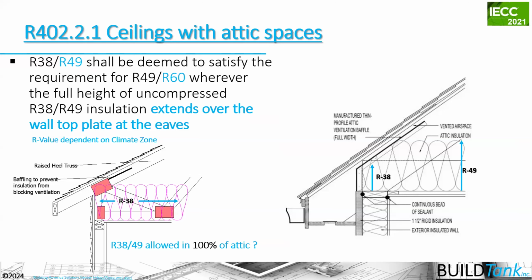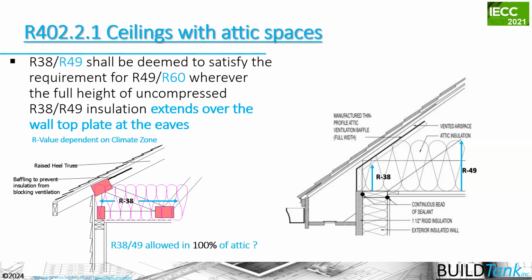Another example of where the installation instruction might show up is in the specific insulation section, the R402 section of the IECC, in this case, ceilings with attic spaces. It's telling us prescriptively that we can reduce the R-value of our attic insulation as long as it extends over the wall top plate at the eave. So the requirement for the installation, regardless of the R-value, is that the insulation needs to extend over the top plate and it can't be compressed over the top plate.